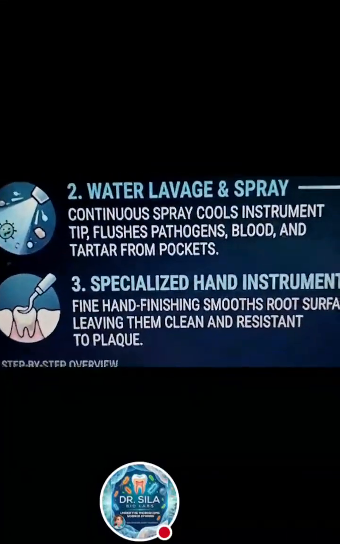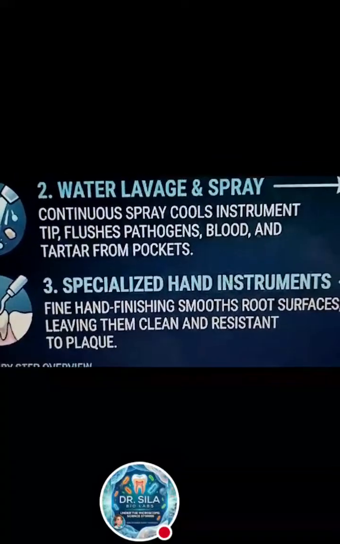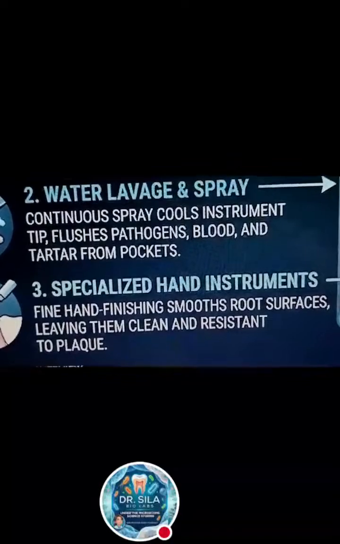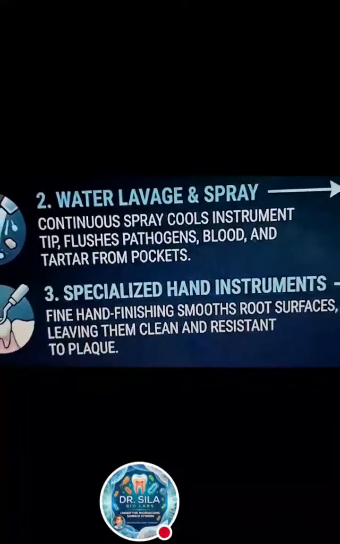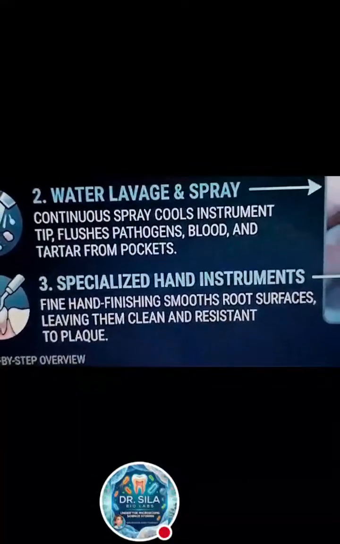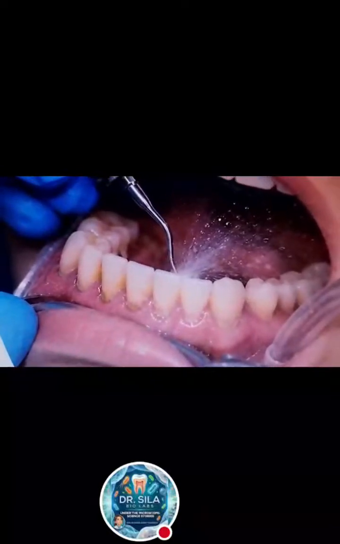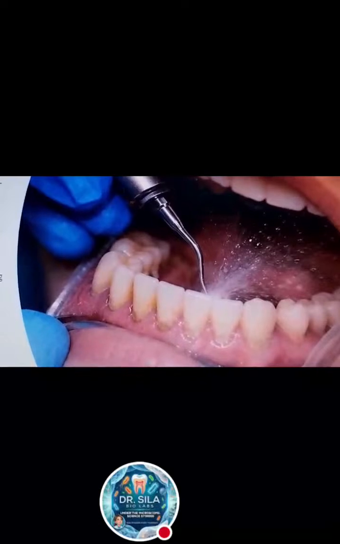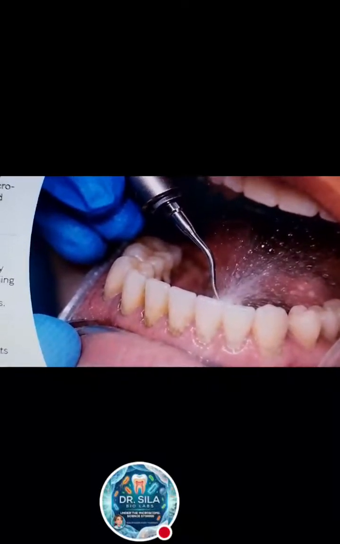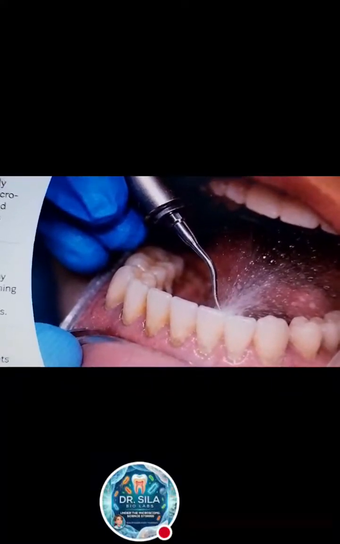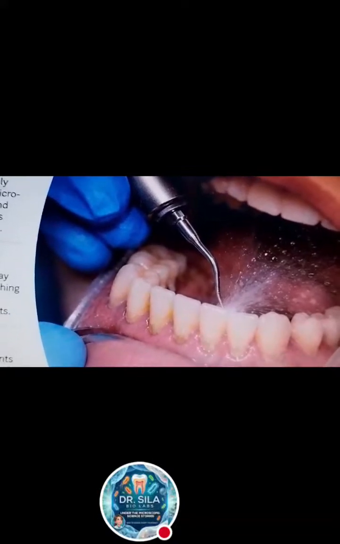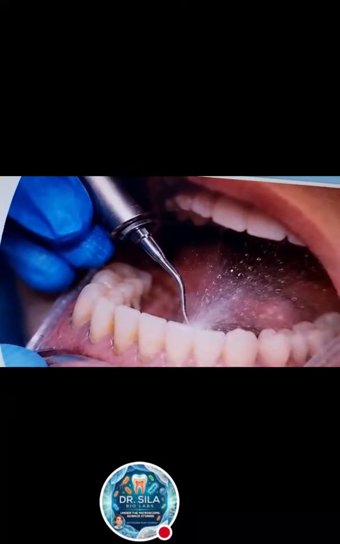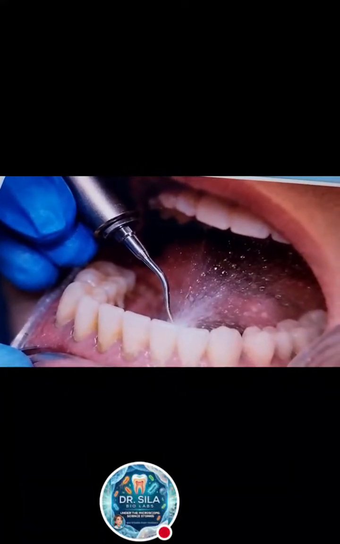Specialized hand instruments finish and smooth the root surfaces, leaving them clean and resistant to plaque. We use ultrasonic scalers, water lavage spray, and hand scaling. The goal of scaling is not just to remove what's visible, but to clean where the disease hides. It removes the infection source, preserves bone, and gum health protects your natural teeth.